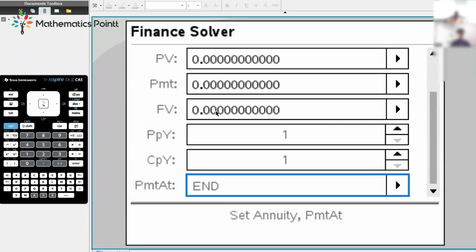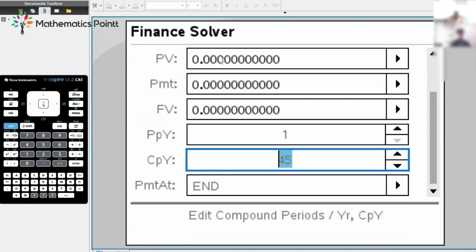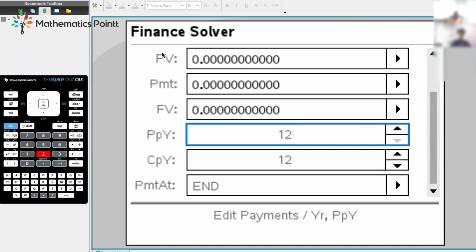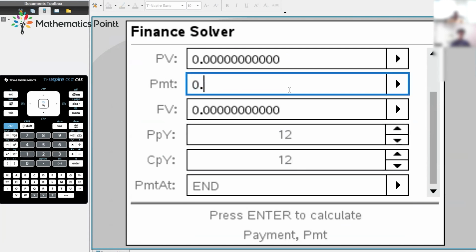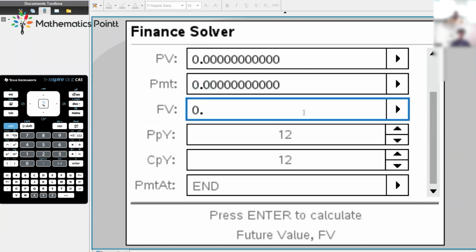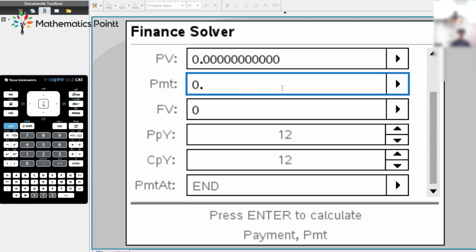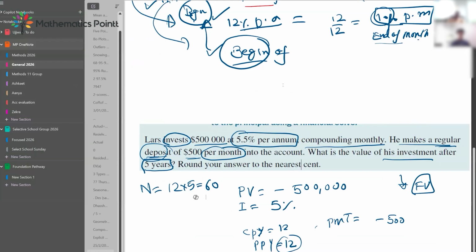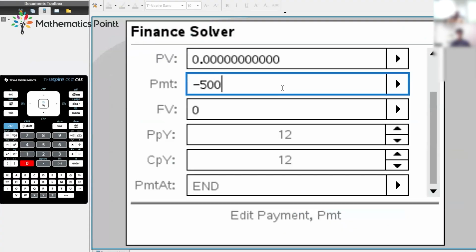So if we just go here and we say, oops, sorry. This is CPY is 12, PPY is 12. Future value I need to find. So I just take it off. PMT is, how much is he making? Monthly, he's making negative 500.